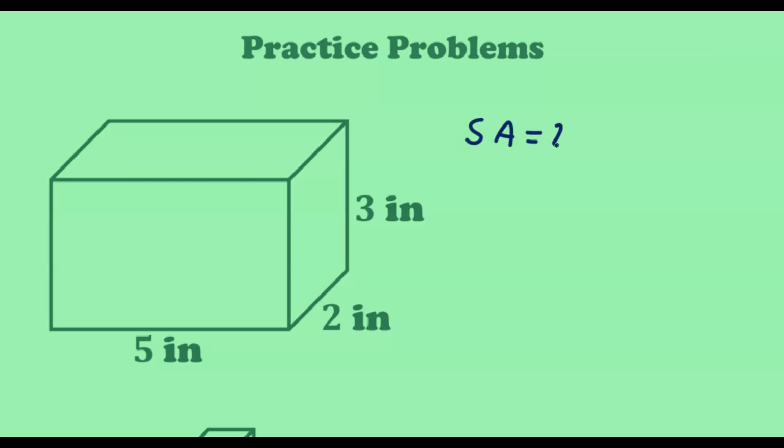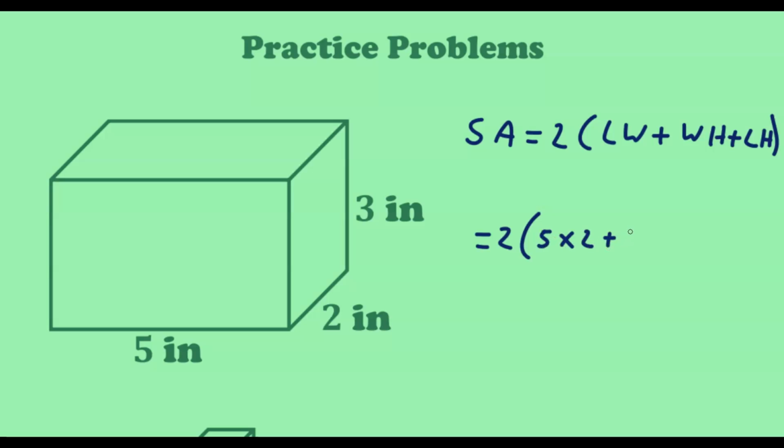The formula is 2 times LW plus WH plus LH. So for LW, we have 5 times 2. Then WH, 2 times 3. Then LH, 5 times 3.